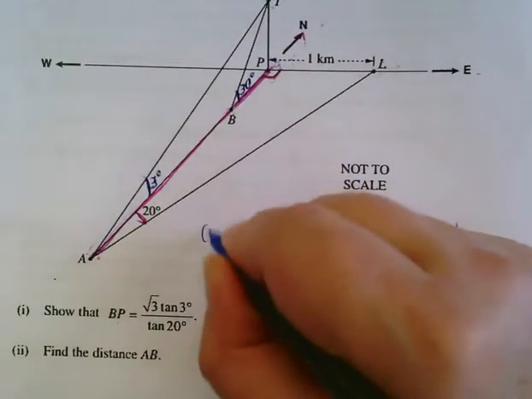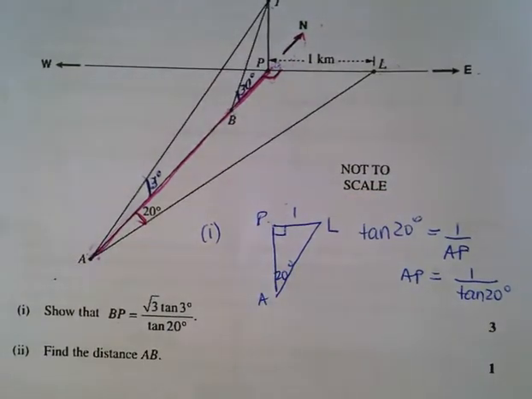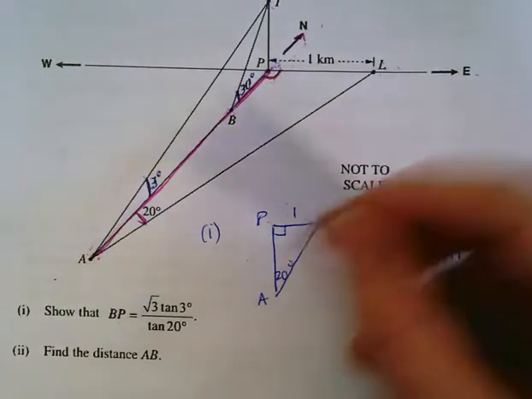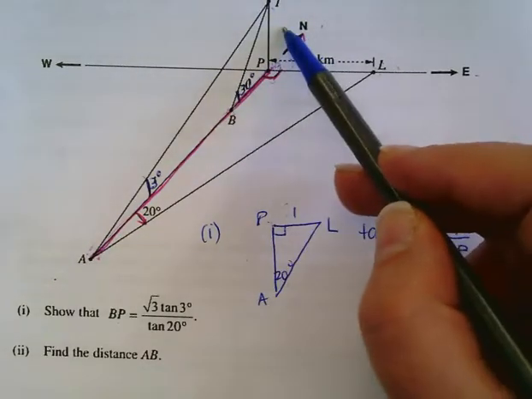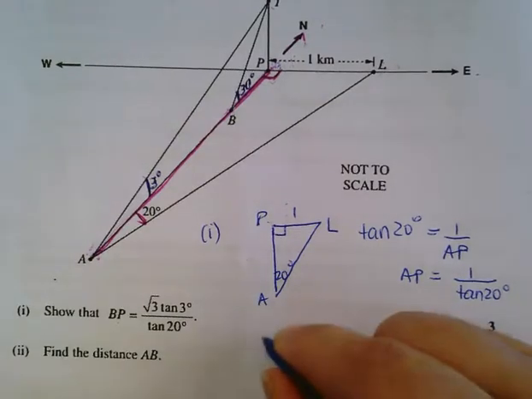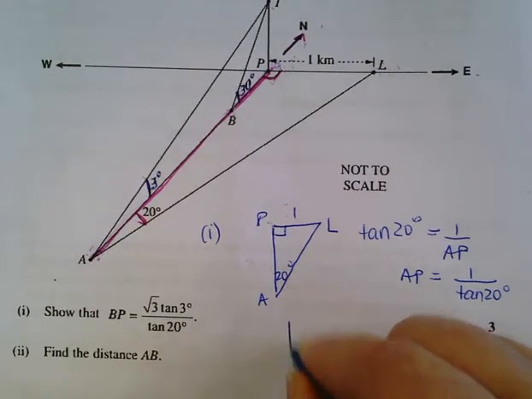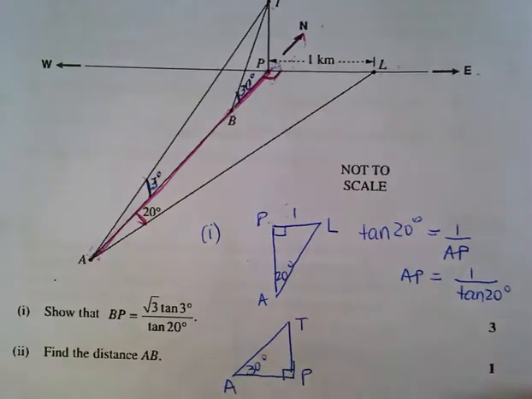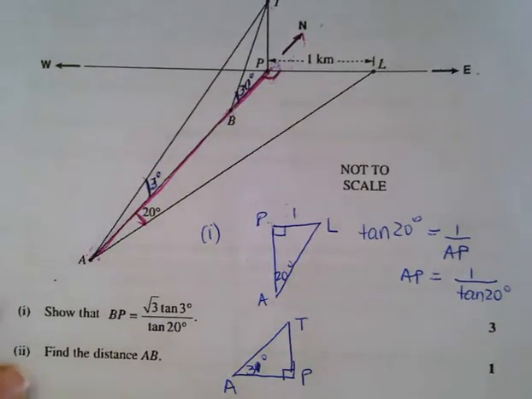So this is part 1 working. All right, let's use this other triangle as well to get an expression for AP, but the problem is it's got TP in it. Well, let's try. So then we're going to work in the angle of elevation triangle. And we've got the angle at A, this is 3 degrees.